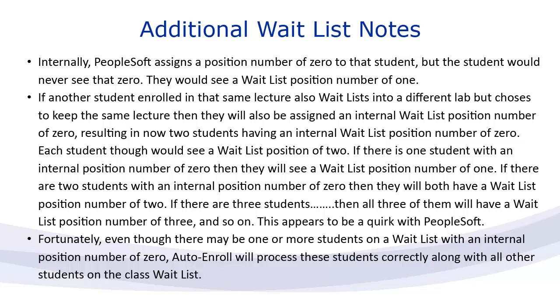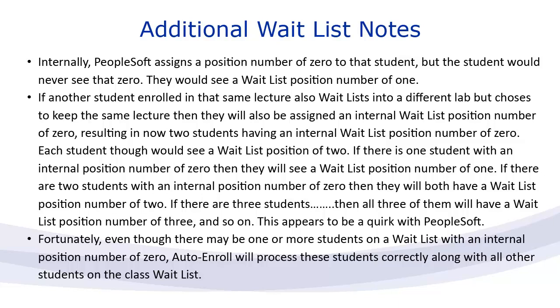If another student enrolled in that same lecture also waitlists into a different lab, but chooses to keep the same lecture, then they will also be assigned an internal waitlist position number of 0. Resulting in now 2 students having an internal waitlist position number 0. Each student, though, would see a waitlist position of 2. If there is 1 student with an internal position number of 0, then they will see a waitlist position number of 1.